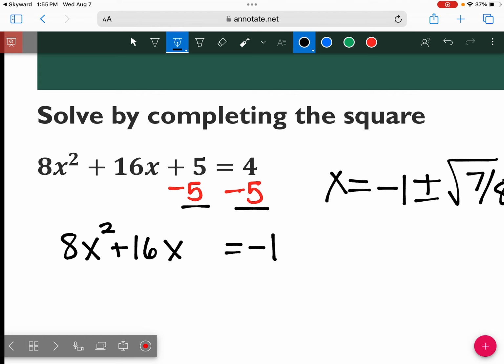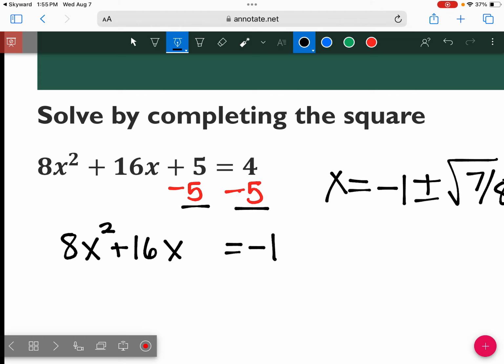All right. Any questions about up until that step? Okay, so now we need to complete the square because it's incomplete. So we need to figure out what number completes the square. This is your B value.